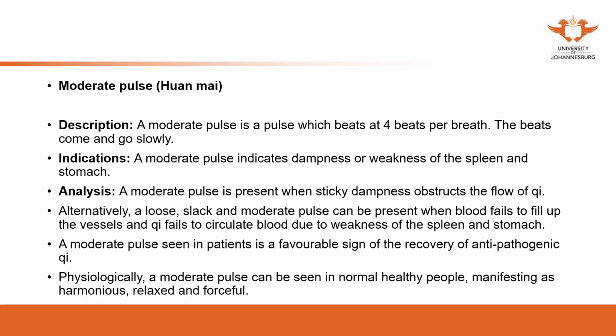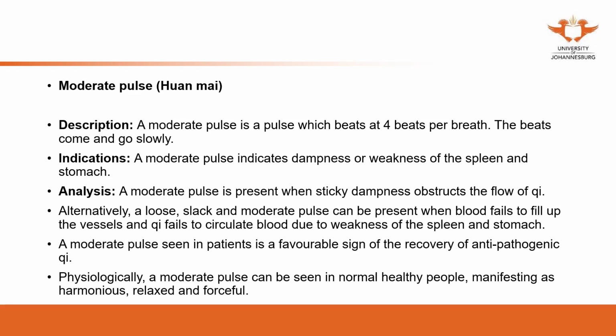Moderate pulse. A moderate pulse has a rate slightly faster than the slow pulse, which beats 4 beats per breath, and you can feel that the beats come and go slowly. A moderate pulse indicates dampness or weakness of the spleen and stomach.